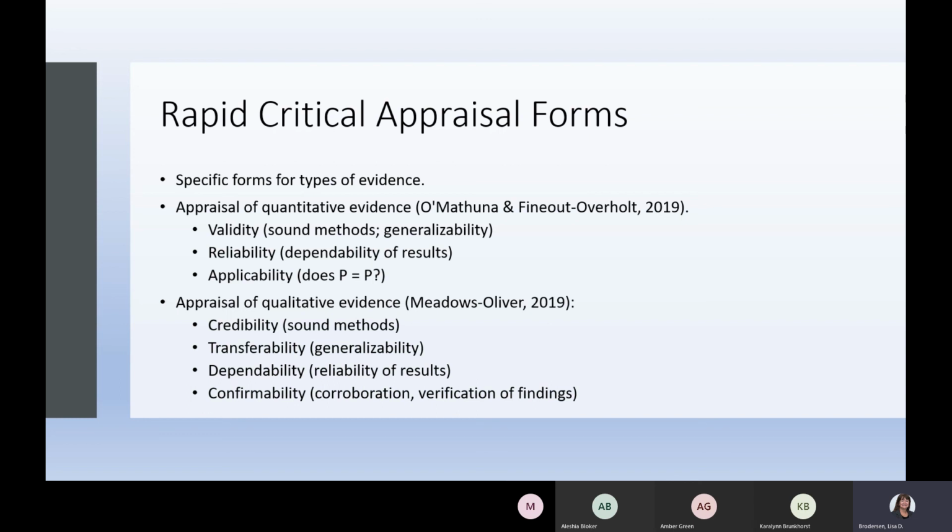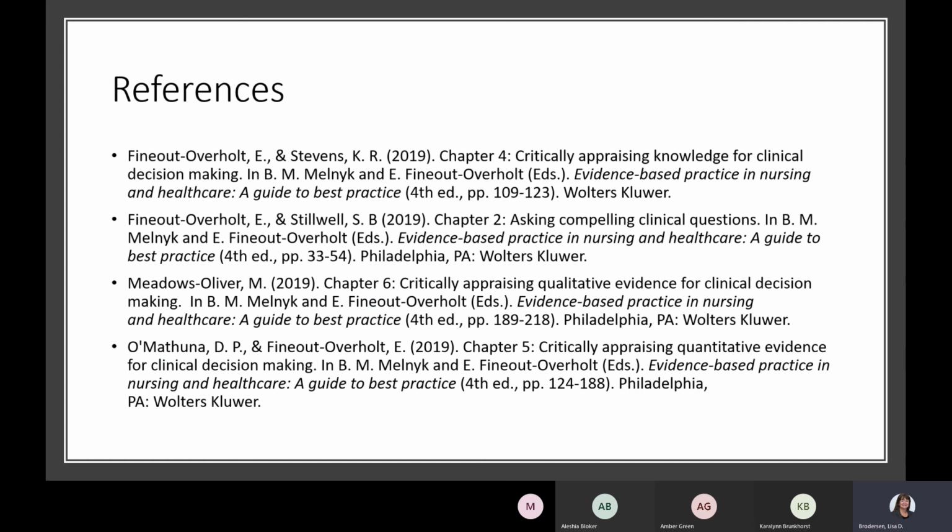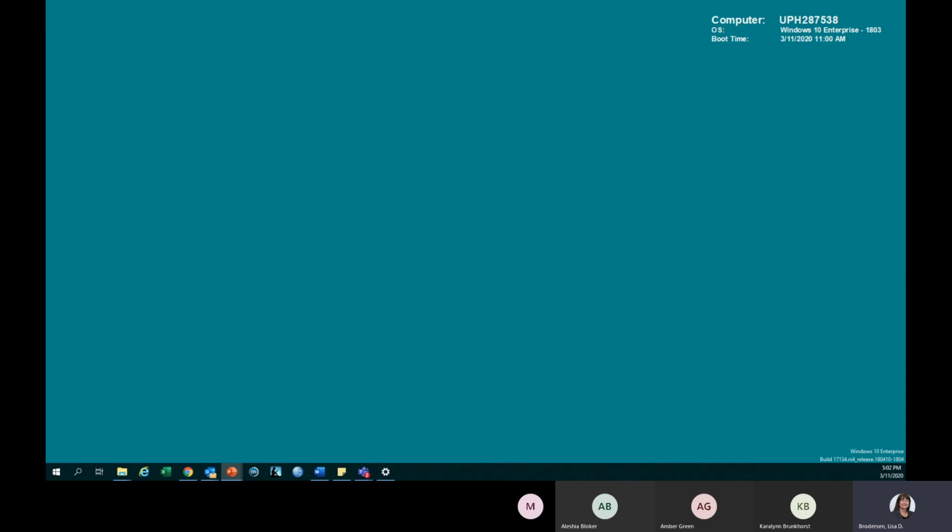Can you backtrack from the conclusions to the study findings, in order to corroborate or verify those findings? Okay, and with that, I just have references, and we will go back to see if you have any questions.